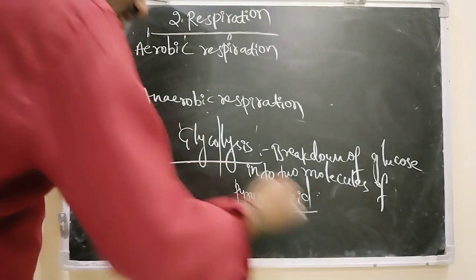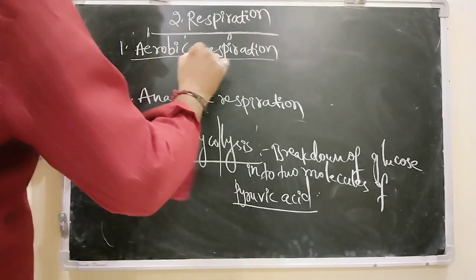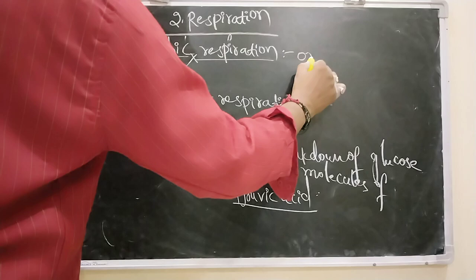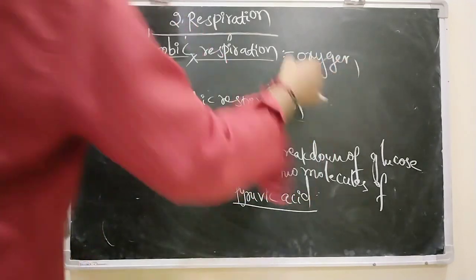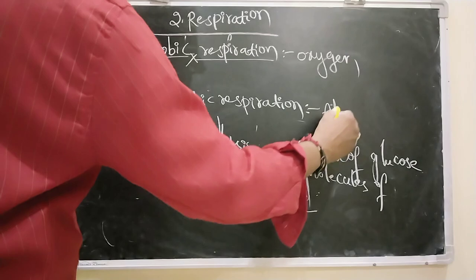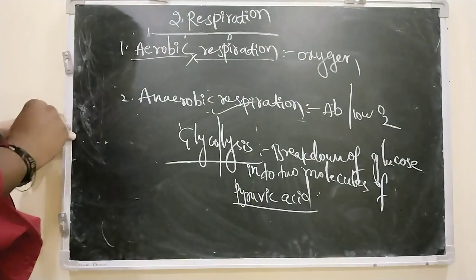After pyruvic acid is formed, if oxygen is available, then aerobic respiration occurs. Respiration that occurs in the presence of oxygen is called aerobic respiration. Respiration that occurs in the absence or low amount of oxygen is called anaerobic respiration.